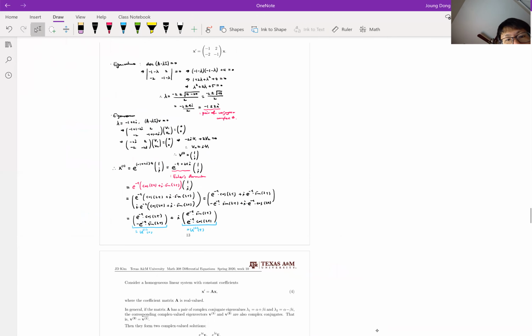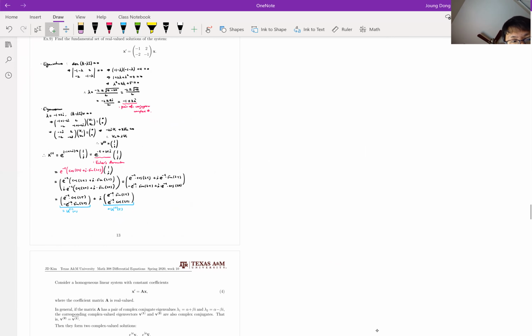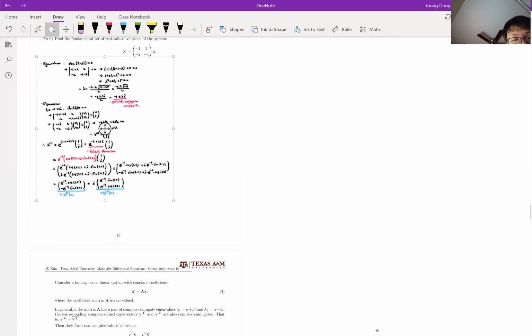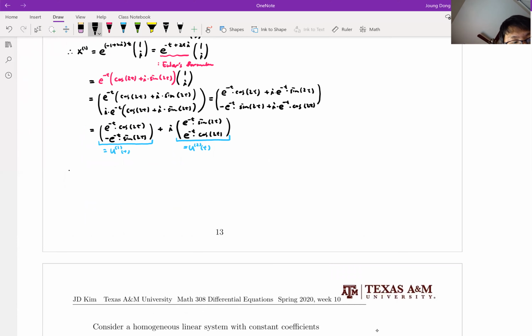Since these are vectors, we can combine them into a matrix, and the Wronskian is exactly the determinant of the matrix, right?